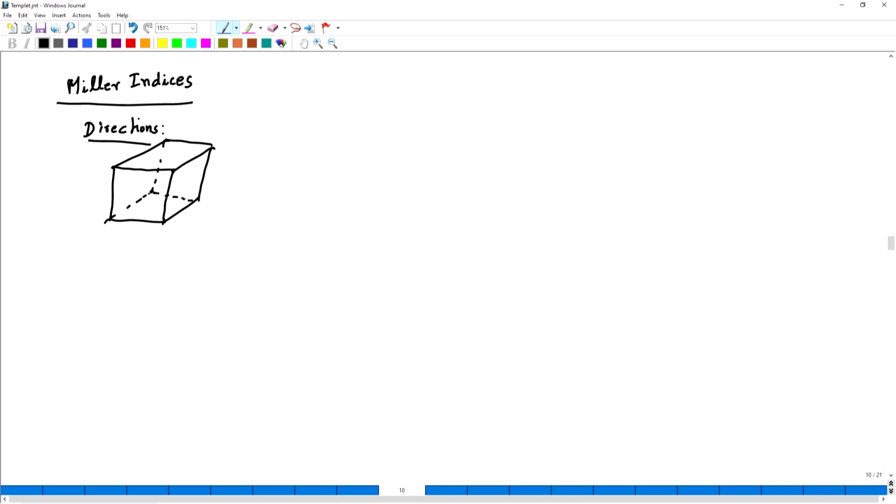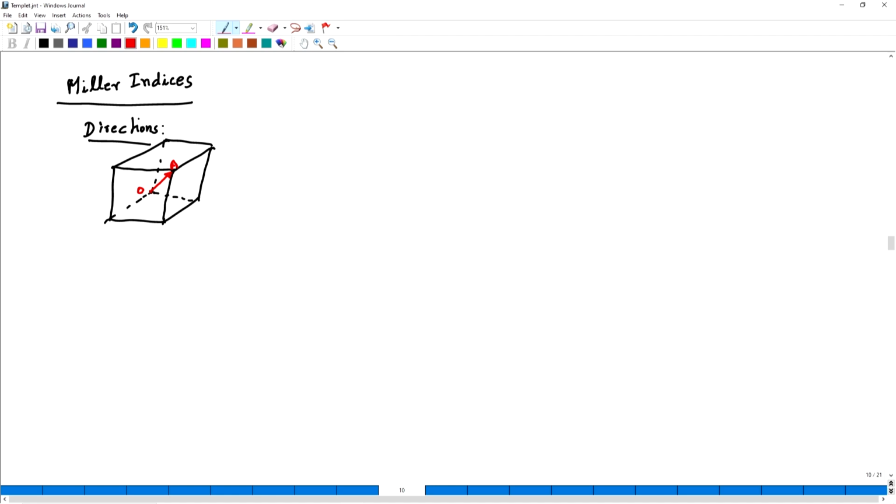Let us take one of the corners of the unit cell and the other corner of the unit cell, and join them to define a direction. Let me call this OA. So, this is a vector. Direction means that we are trying to define a vector. Now, for a vector, we need 3 components in 3-dimensional space. In 2 dimensions, we would require only 2 components.